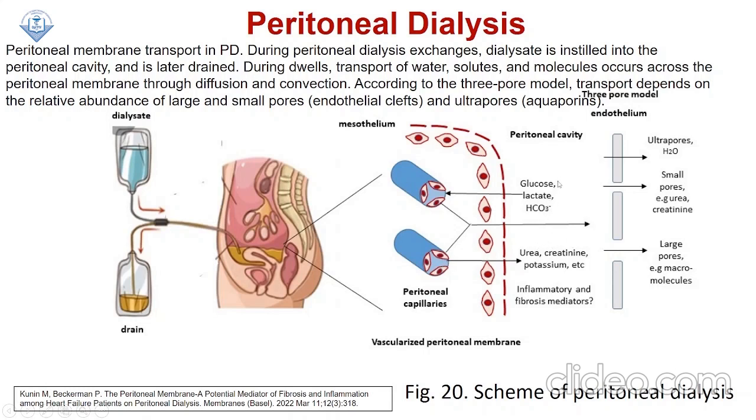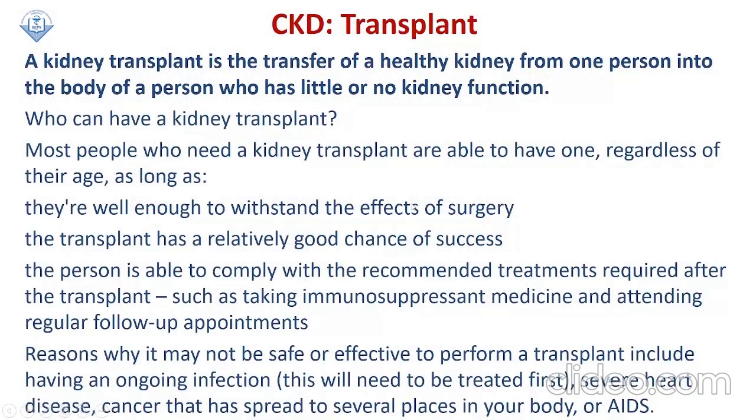And we have glucose, lactate, and some useful components moving inside to the capillaries from the peritoneal cavity. So we have this exchange, which helps us to clean the patient of his toxic substances if his kidney doesn't work properly.